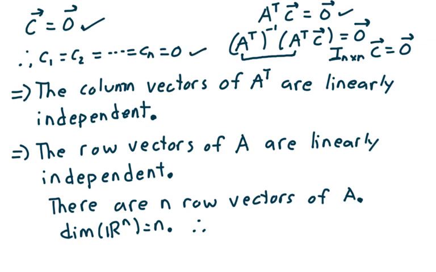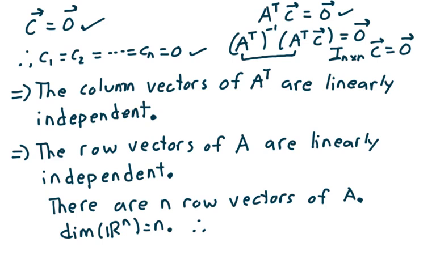Now, what does that tell me? The column vectors of A transpose are linearly independent. And remember that the column vectors of A transpose correspond to the row vectors of A. So the row vectors of A are linearly independent. Now remember, we need to state this.